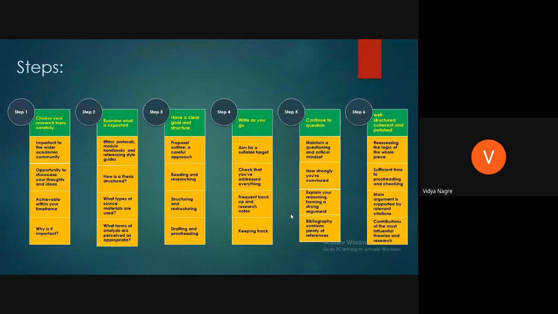At this time, you can check the notebook in which you have been writing from day one, and tick the ideas which you have incorporated in your thesis. You can cross-check which ones you later thought were not important, but there may be some ideas which you have not yet included. This cross-checking helps you out. Frequent backup of research notes is very important. That's what I said: from day one itself, you start taking research notes.